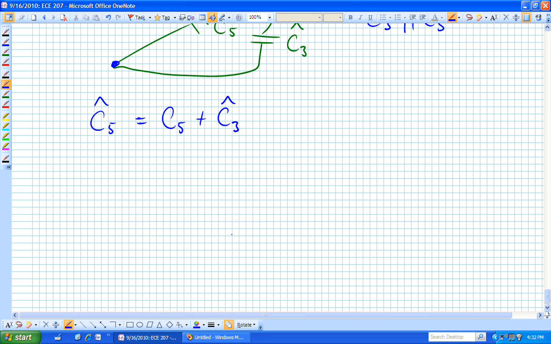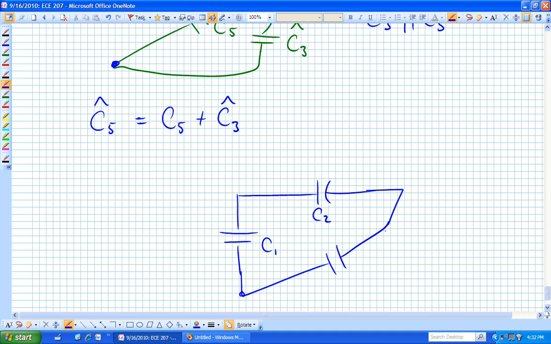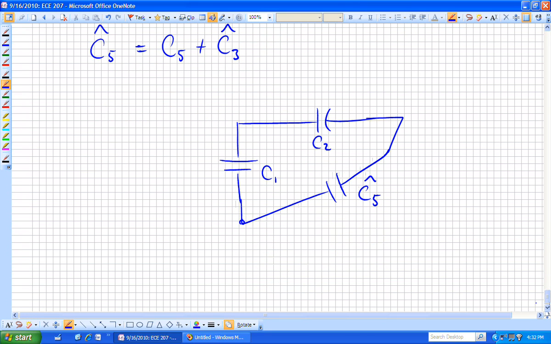That now ends up being, in my original circuit, I had C1, C2, and now I've combined all of those on the right into this C sub 5 hat. Are those in series, all three?